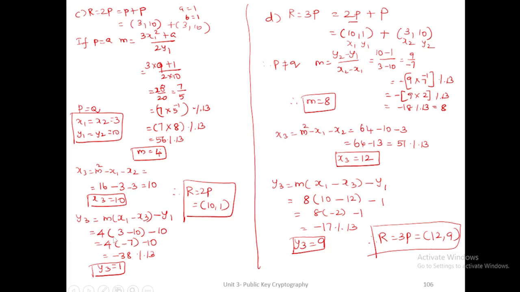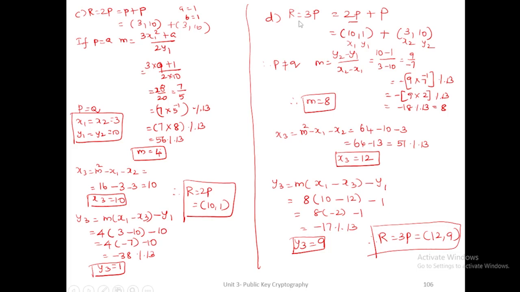The m value is 4, x1 is 3, x3 is 10 and y1 is 10. So substitute this value: 4 7s are 28, minus 28 minus 10 is minus 38. 3 13s are 39, so 39 minus 38 is 1. So R = 2P, the point is (10,1).